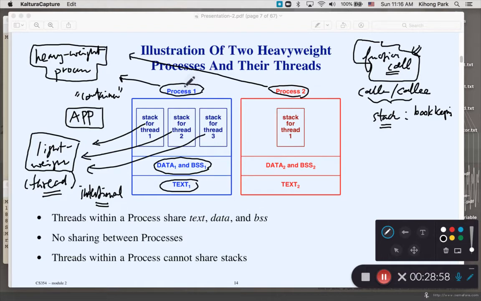That is, they're part of the same heavyweight process, which shares data, which shares code, so that this app is efficient and typically will run fast. That's how the app designer uses what we generically call multi-threading coding. So you have multiple threads to implement an application.